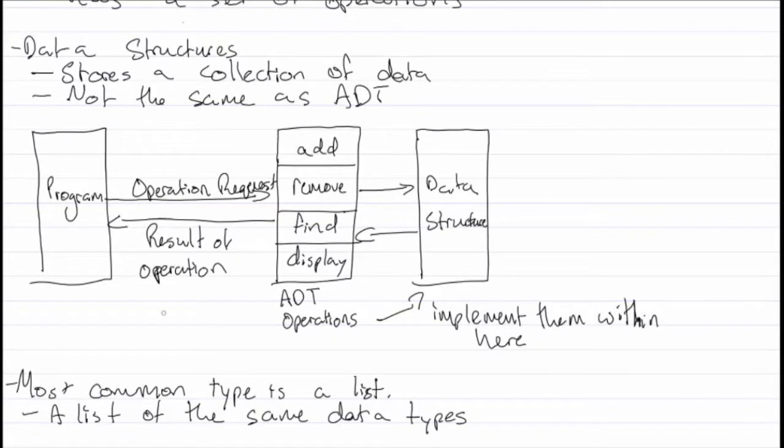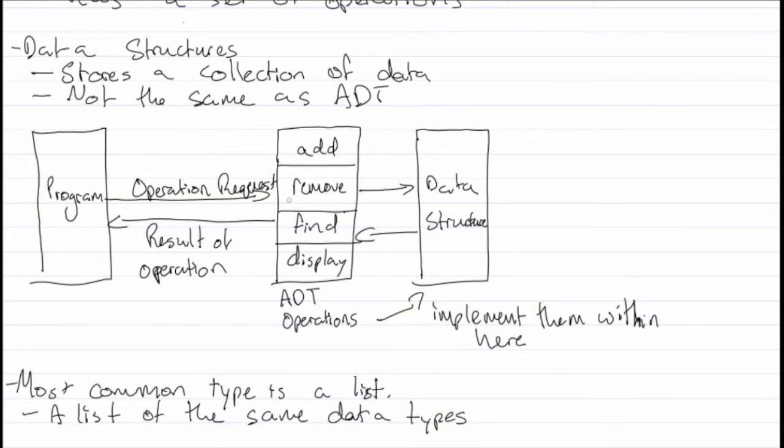I drew out a little diagram where here's our program. I want to call on something to be done to my data structure, the data structure that's holding the data that I need to use. So I request an operation, and here I've got a list of different operations that can be done on the data.